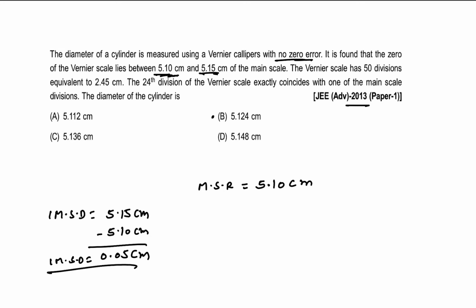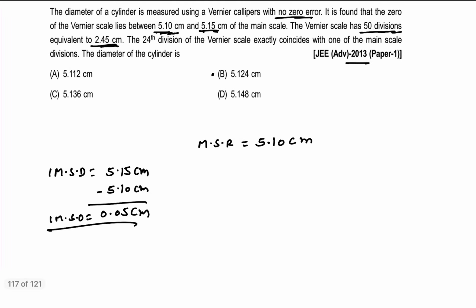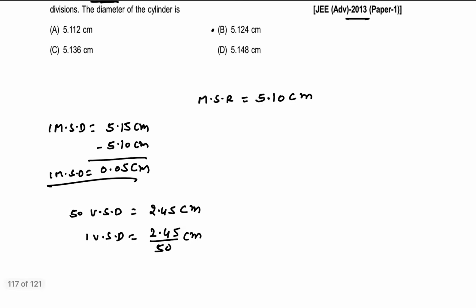Now we can see this vernier scale has 50 divisions equivalent to the 2.45 centimeters they have given. So 50 vernier scale divisions is equal to 2.45 centimeters. Now 1 vernier scale division is 2.45 divided by 50 centimeters.